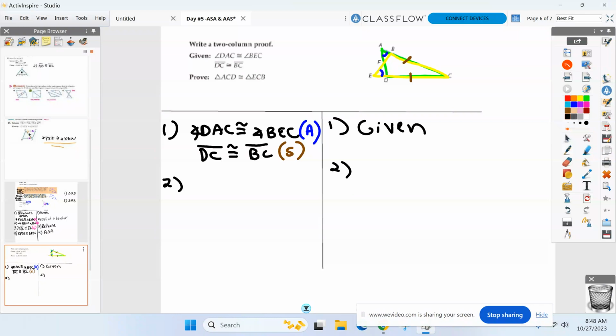Okay, anybody? Any group see anything here that maybe I can use? Zoli, what do you have? Angle ACD is the same as angle BCE.